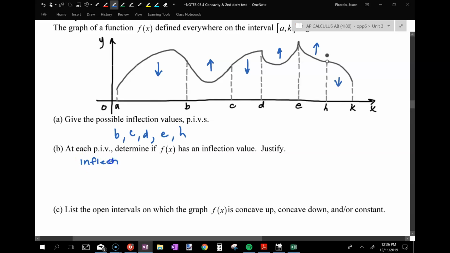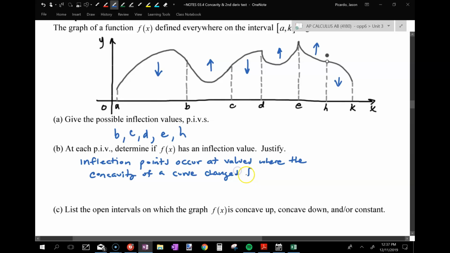Inflection points occur at values where the concavity of a curve changes from up to down or down to up, and the inflection point is in the domain of f of x.